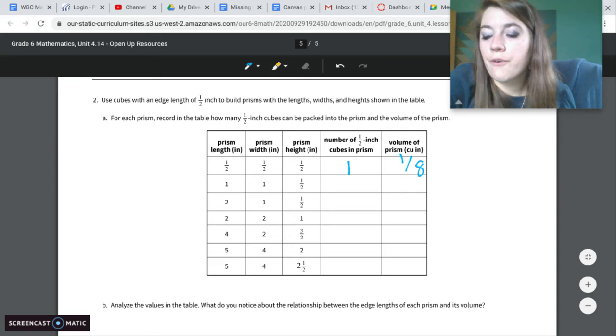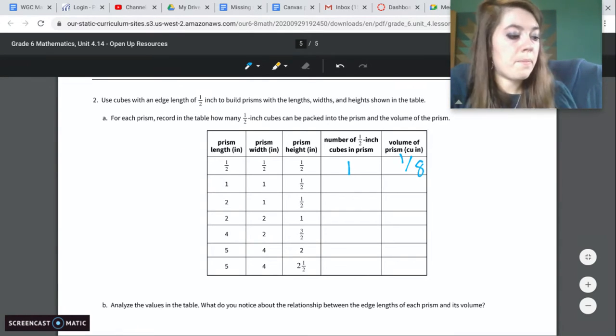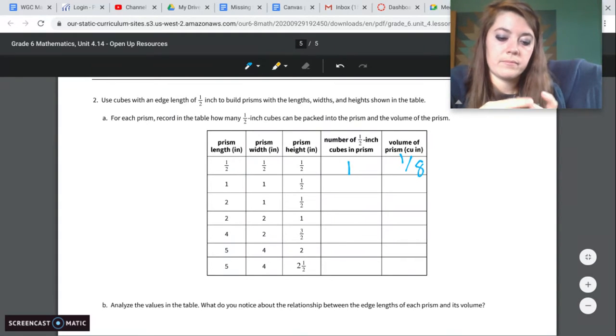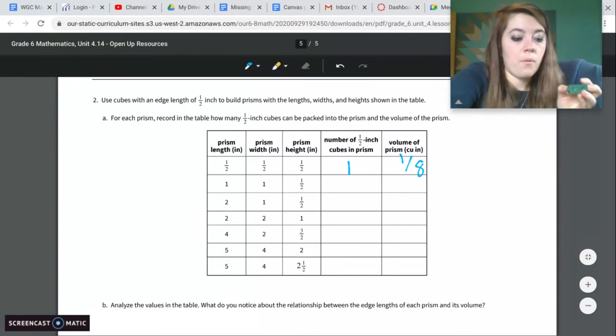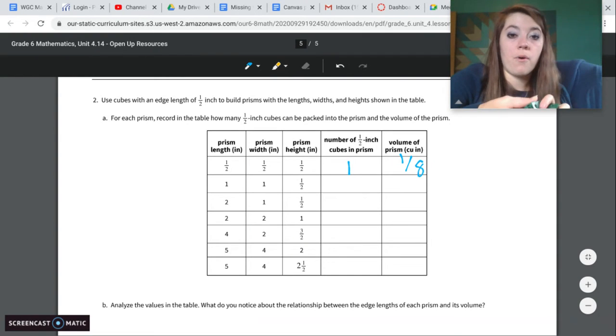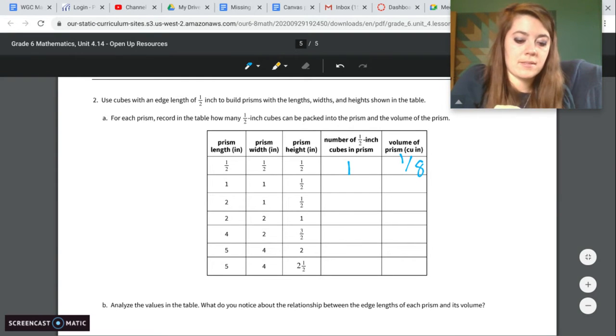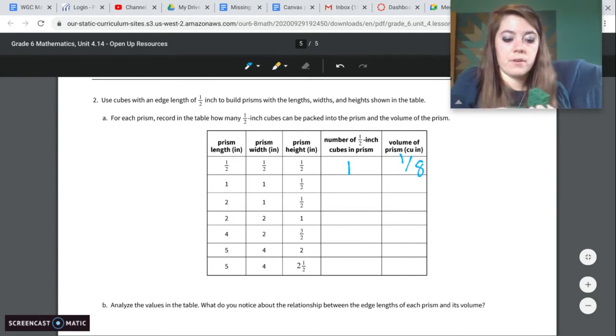All right, so for the next one, we have a prism with a length of 1. So there's 1. With a width of 1. So there we have our 1 again, because remember, 2 halves, 2 1/2s make 1 whole. And then with a height of 1/2.